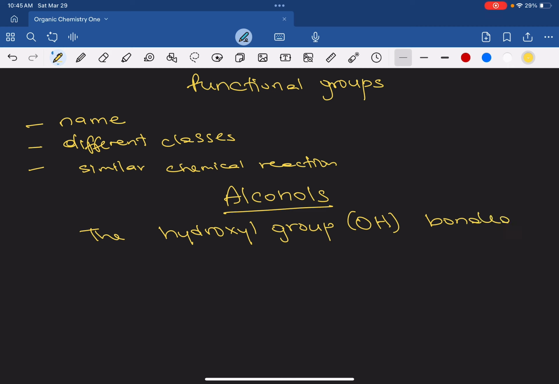Bonded to a carbon atom with four single bonds. That four single bonds part is extremely important.